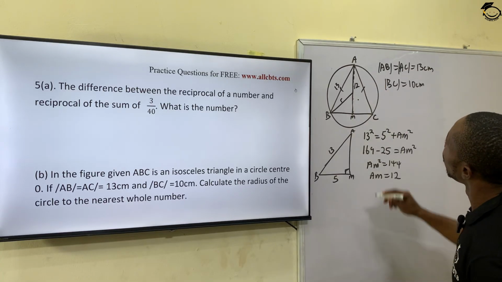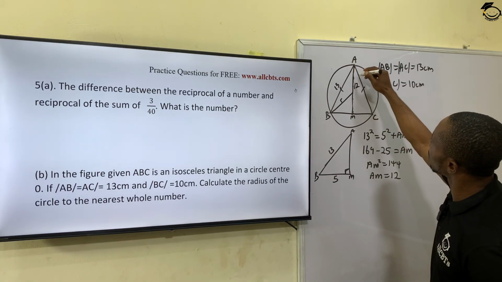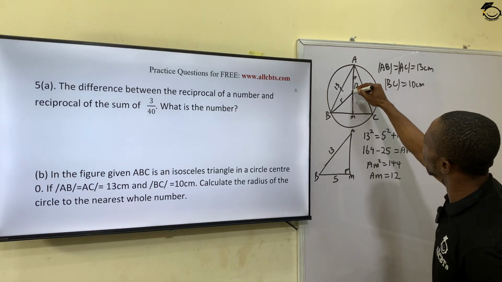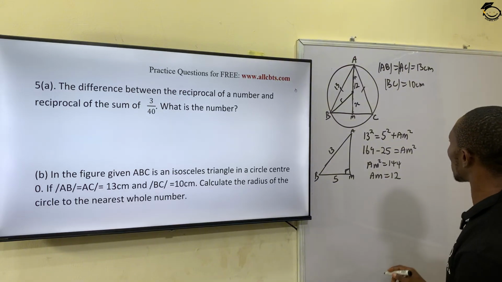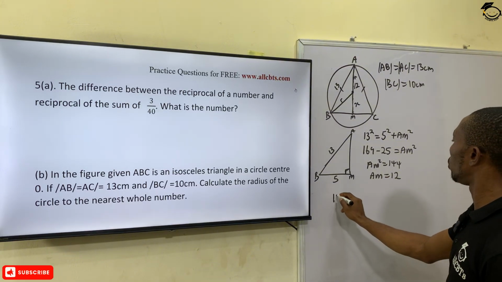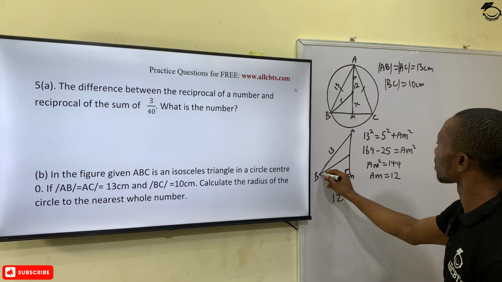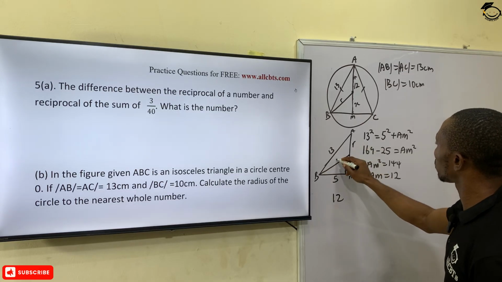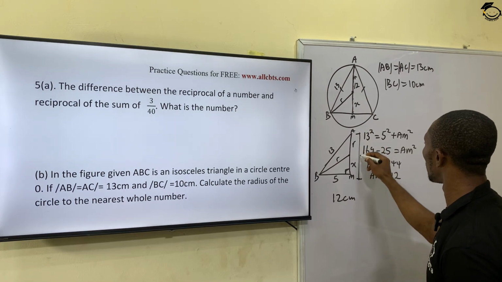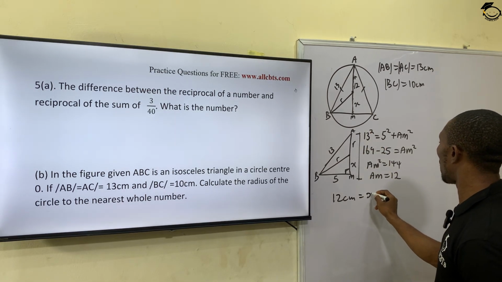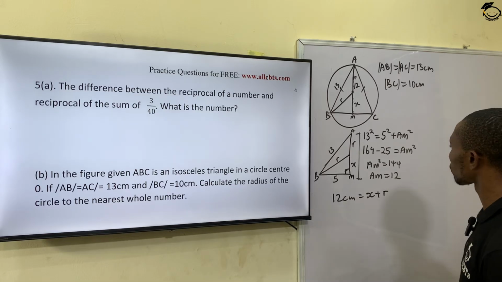Okay? Now, we know that this other part is our radius from the center here. This part is our radius. So let's call this x. So we can say our 12 cm, which is our height here, AM, is the radius plus x. Okay?